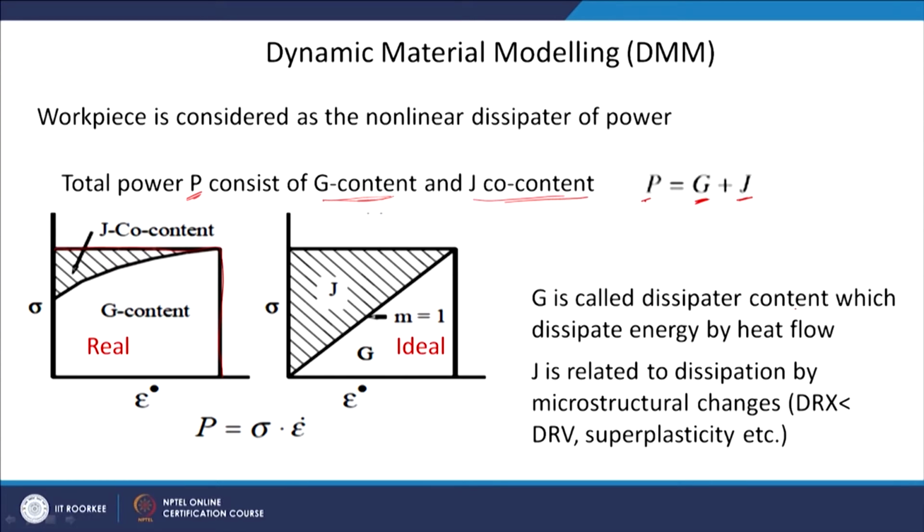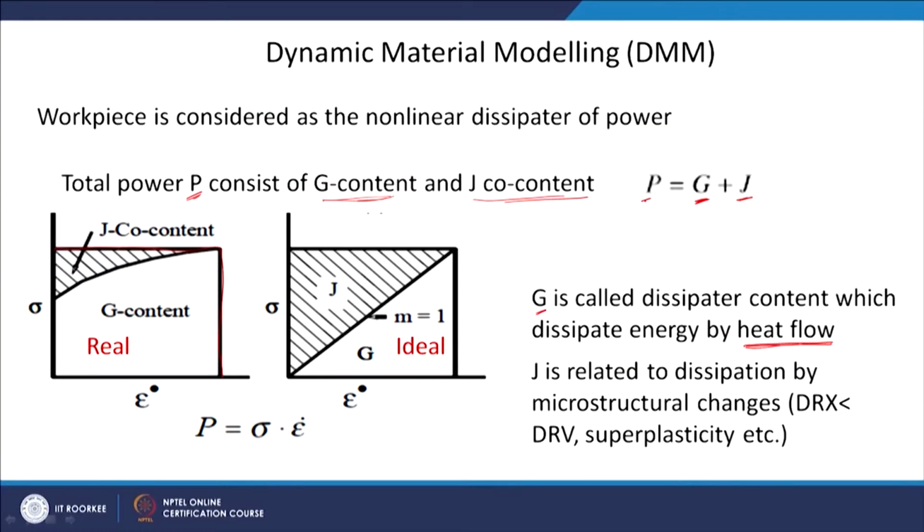G is called the dissipator content, which dissipates energy by heat flow. When you are putting power in, the workpiece acts as a dissipator of power, and dissipation is through two means, one is heat and the other is microstructural change. So, G takes care of the heat generation, and J is related to dissipation by microstructural changes.